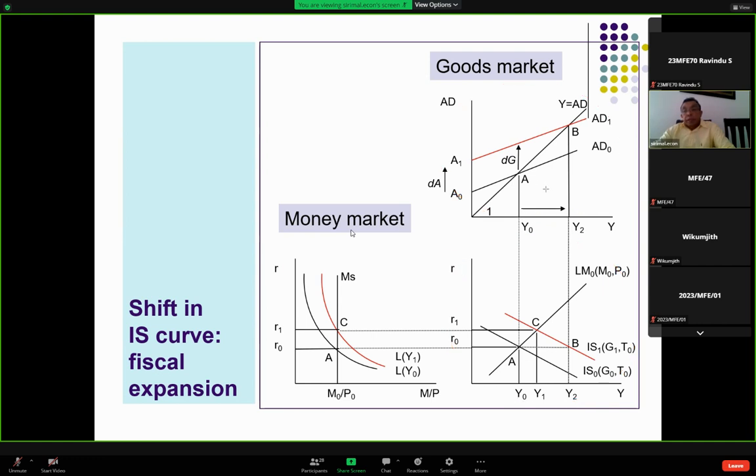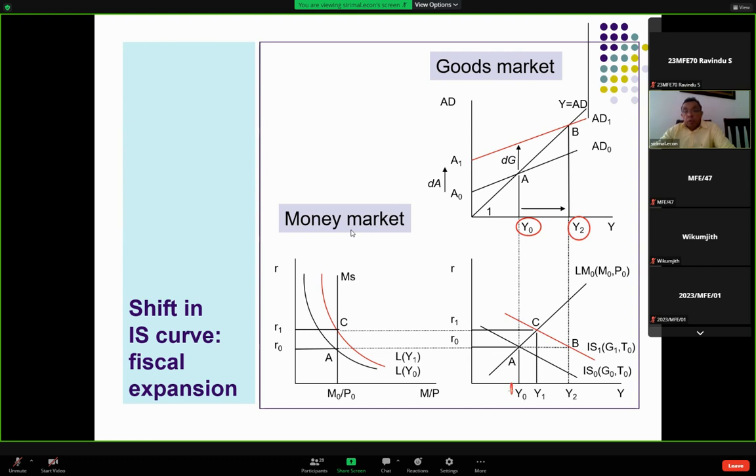Therefore, if the interest rate does not change, our output level will increase from Y0 to Y2. What did I say?